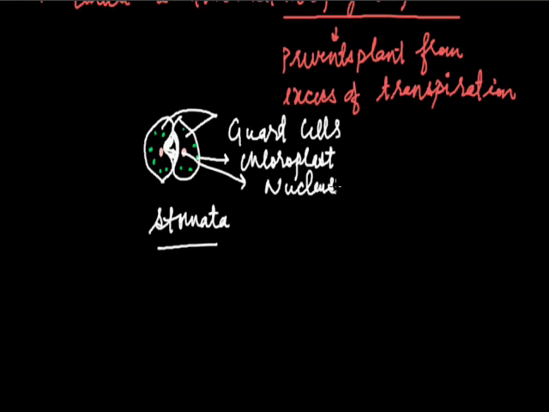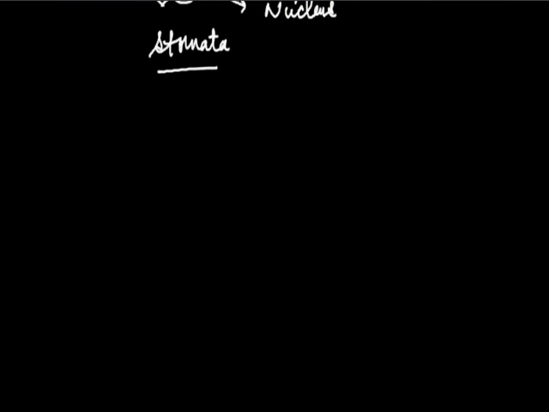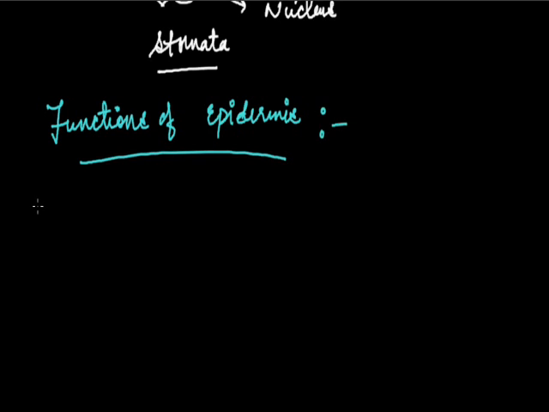Now we are coming to the functions of the epidermis. What functions is this epidermis doing? Let's see the functions. The main function of epidermis is protection, as we have defined in the protective permanent tissue.